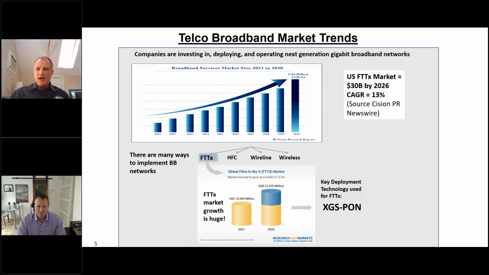Of that, about $30 billion is going to be the FTTX marketplace, because there are several different ways that you can deliver services. FTTX is only one of them, but that's the one we're going to focus on today. With these markets growing at about a 13% rate, there are various ways that you can put an all-fiber network in. We're going to focus on XGS-PON.